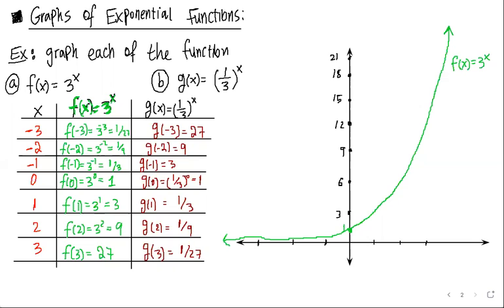Any question for the first function? Yes, what is the domain for this one? What is the domain for this function, as we talked about last time? What x values are used for this function?